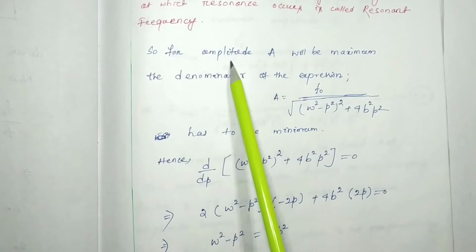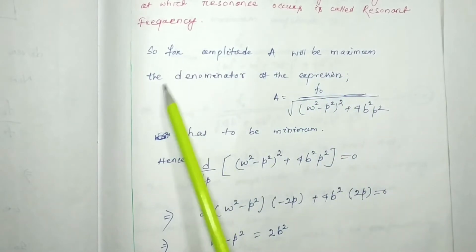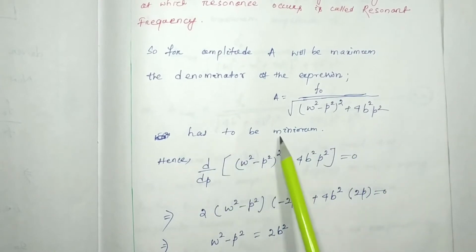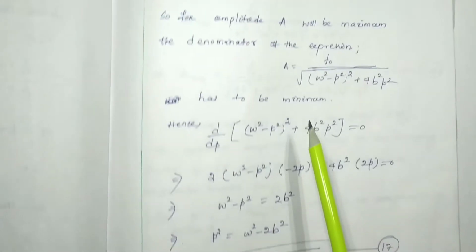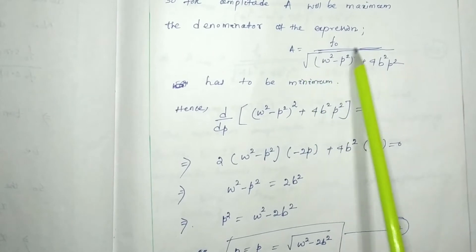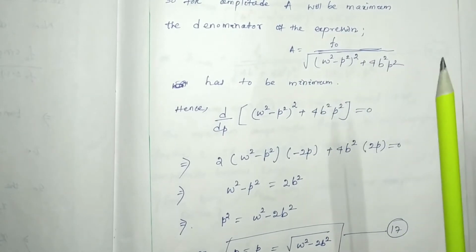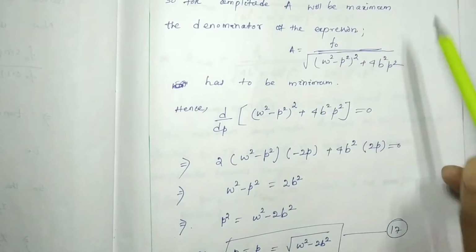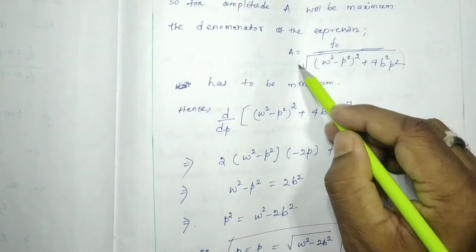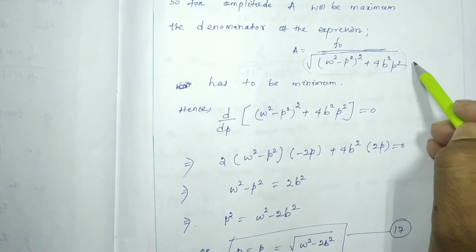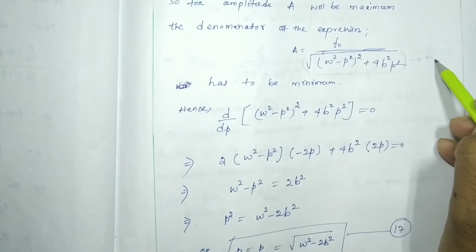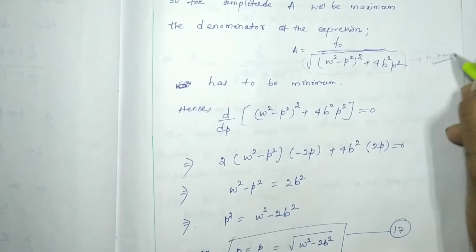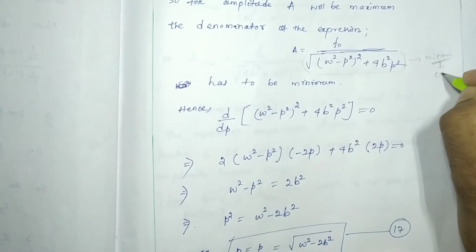So for amplitude A to be maximum, the denominator of this expression has to be minimum. If we consider it a minimum value, that means minima, it is one type of constant, right?